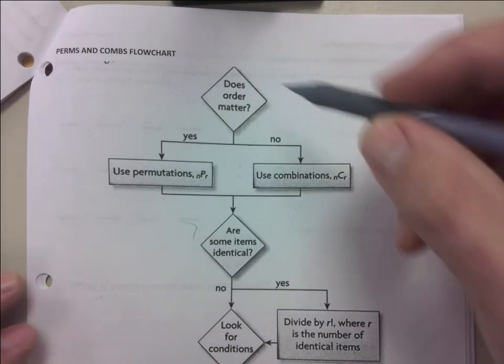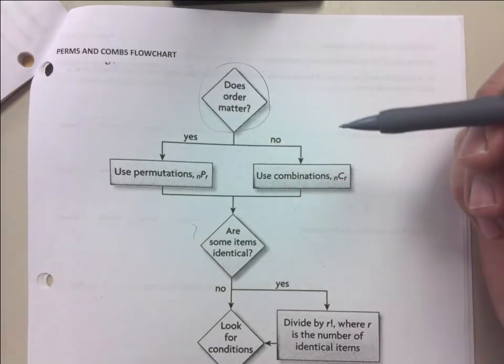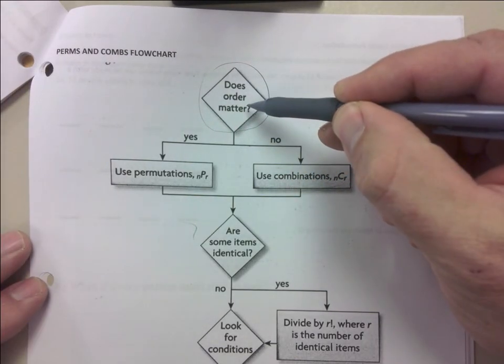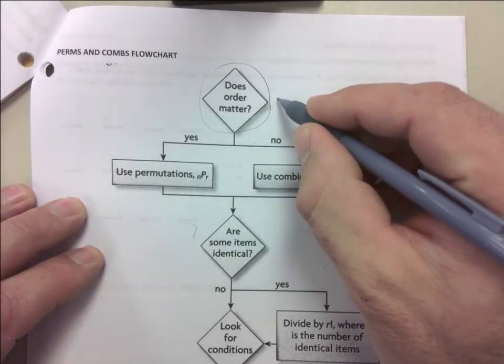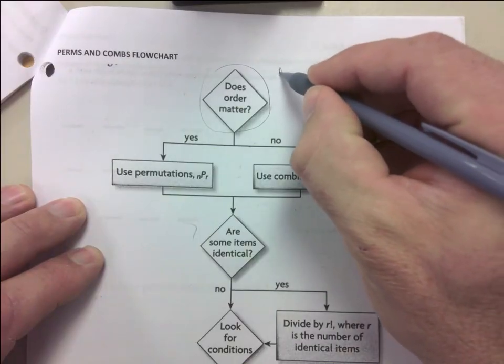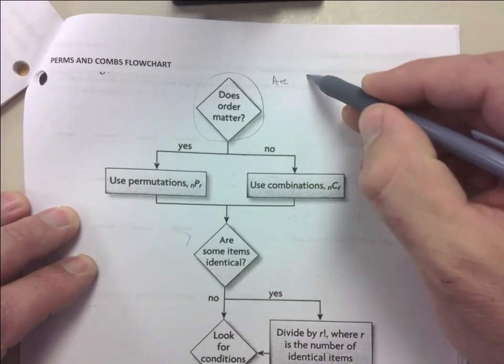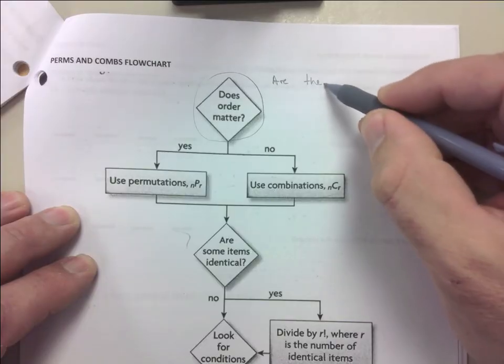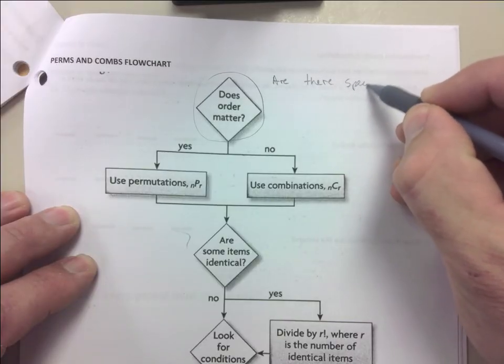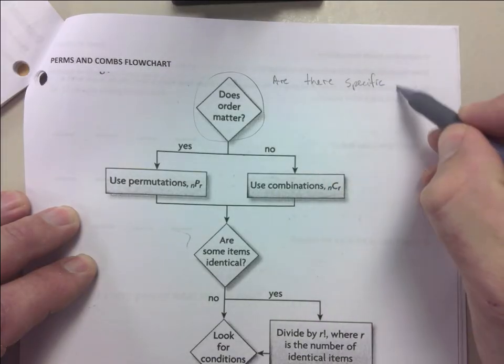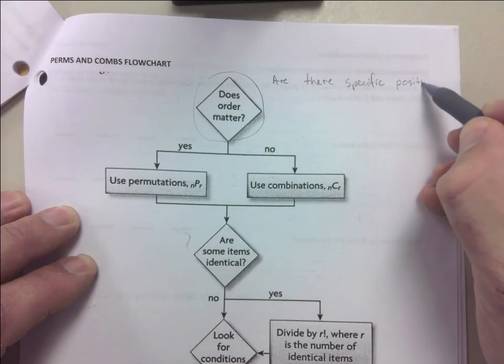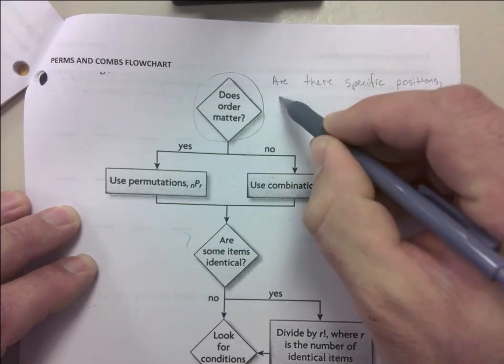Okay, so first question, every time you ask yourself, does the order matter? How do you know order matters? This is on page 58. Are there specific positions, roles?